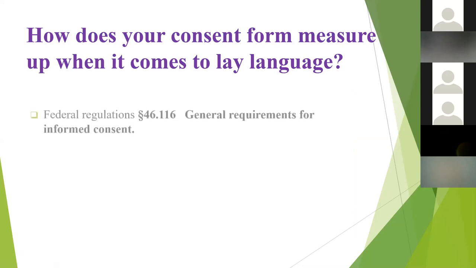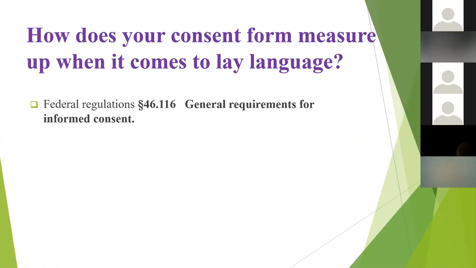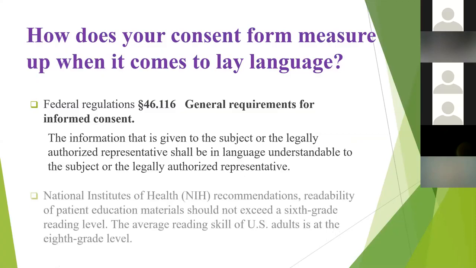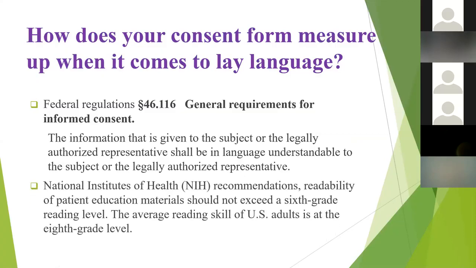The federal regulations are very specific about this in 46.116, and specifically say the information that is given to the subject or the legally authorized representative shall be in language understandable to the subject or legally authorized representative. The National Institutes of Health recommends that the readability of patient education materials should not exceed a 6th grade reading level.